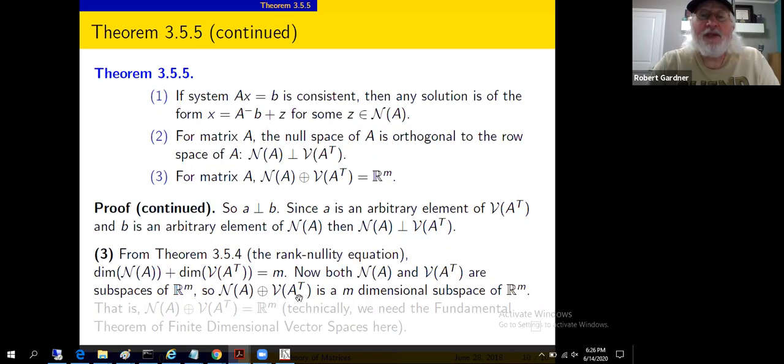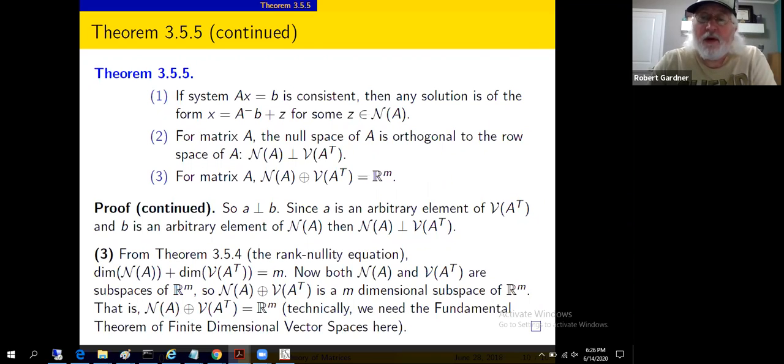So this here is an m-dimensional subspace M. Well, in Rm, the only subspace that has dimension m is Rm itself. And we can maybe use a few more details on that. But indeed, we have an m-dimensional subspace of Rm, so we must have all of it. So that direct sum itself equals Rm as claimed.